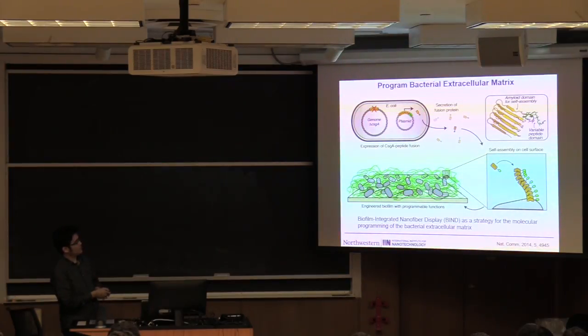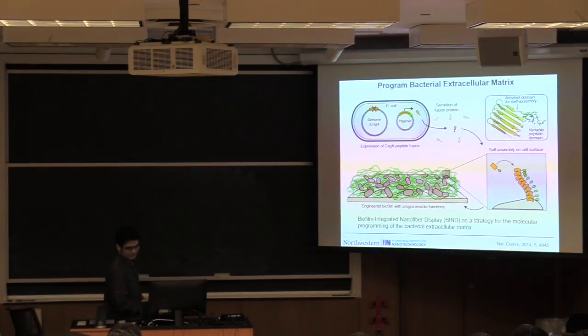Here are illustrations of the formation of nanofibers on the surface of the bacteria, and the fibers on one bacterium can interact with the fibers on neighboring bacteria, forming a bacterial extracellular matrix, which they call a biofilm.